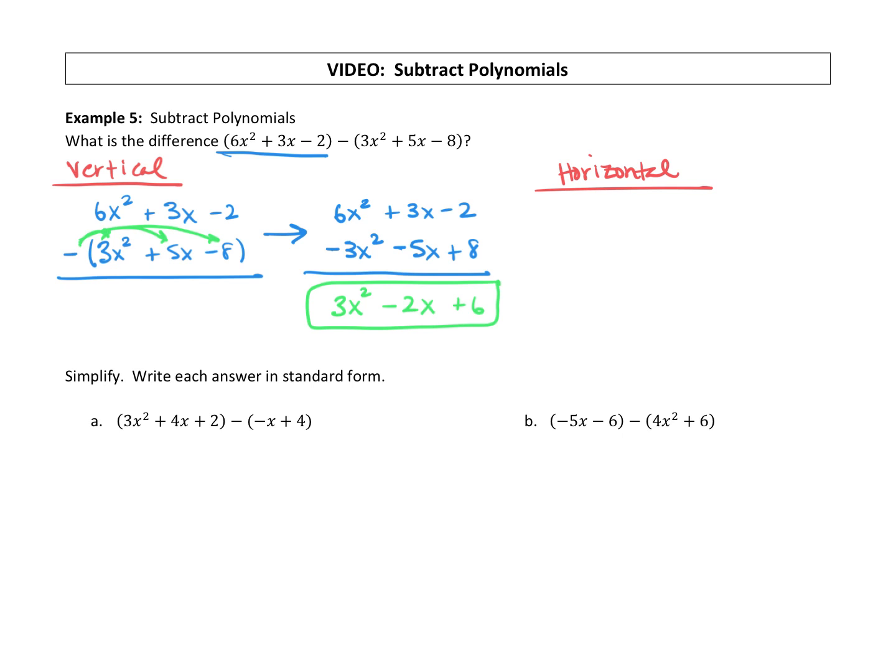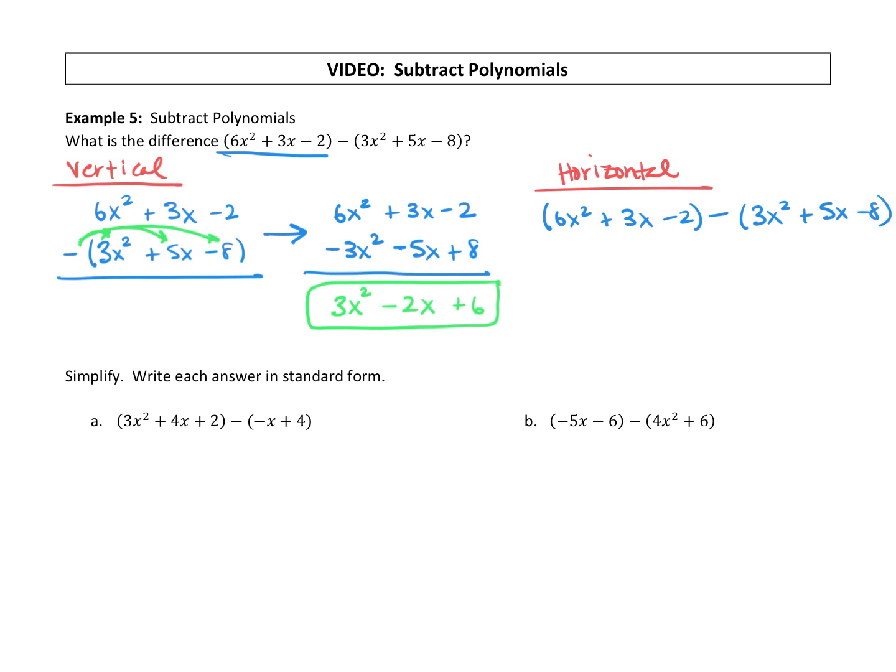So the problem, well, I'll just rewrite the problem. We have 6x squared plus 3x minus 2, and we're subtracting our second polynomial, 3x squared plus 5x minus 8.